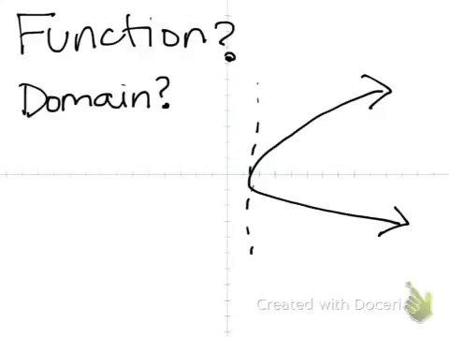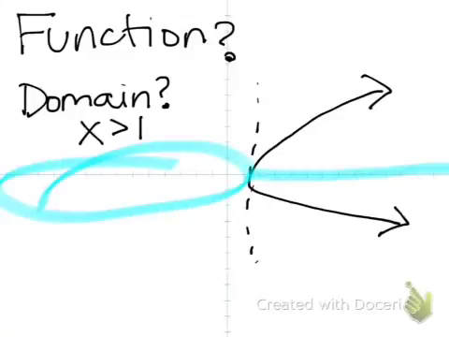Now, the question: is this a function? So we have to figure out what's the domain, and in this case, the domain appears to be everything bigger than 1. I don't have anything over in this area, so no x's are over here. So my domain is everything that's bigger than 1. Now for every input, do I have one and only one output?